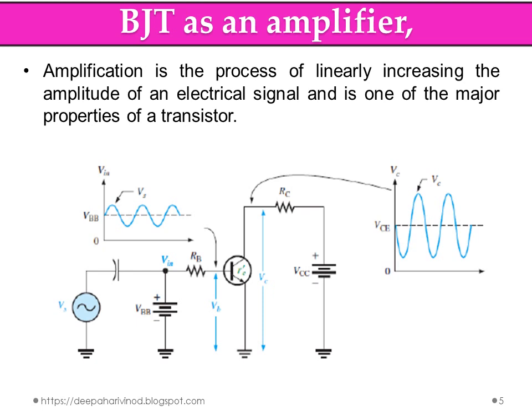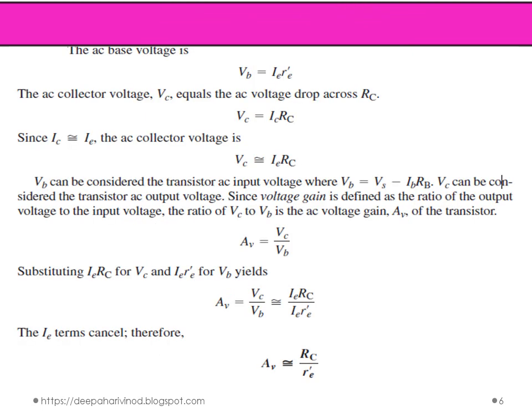That is, when the input is given, it produces the current IB. In turn, collector current starts flowing through this RC, so a drop across RC is produced, thus producing an amplified but inverted reproduction of the AC input voltage in the active region of the operation.